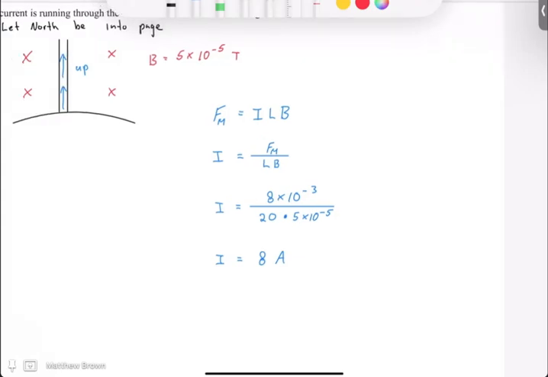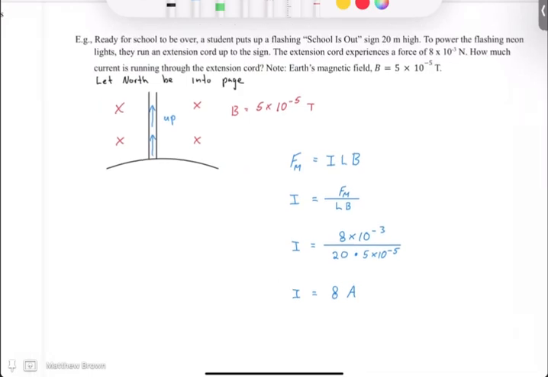Oh, since I did the drawing, you could use the right-hand rule here. You could say, point your thumb in the direction of the current. So if you're using your right hand, point my thumb up, and lay my hand down flat on the page. So this would mean the force would be into the page. Oh, sorry.